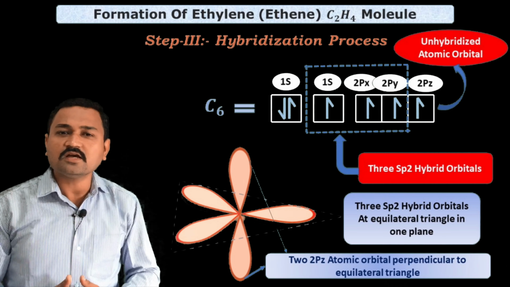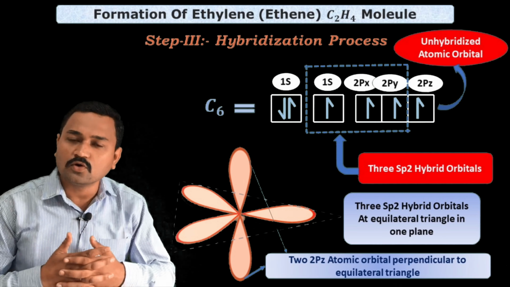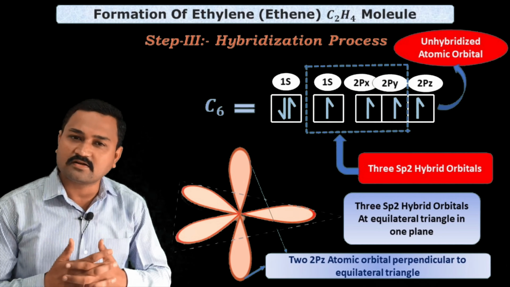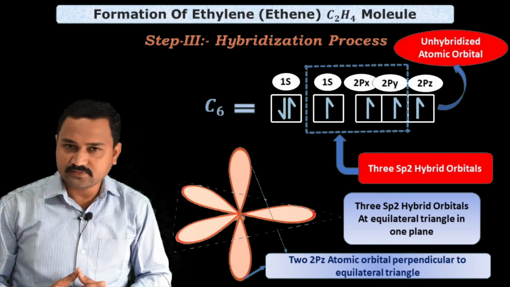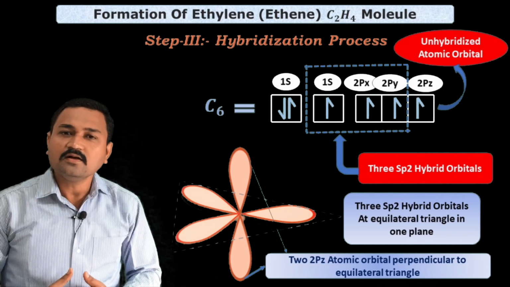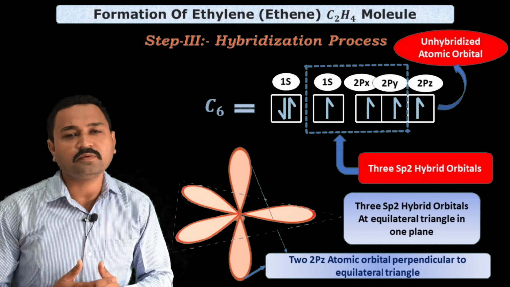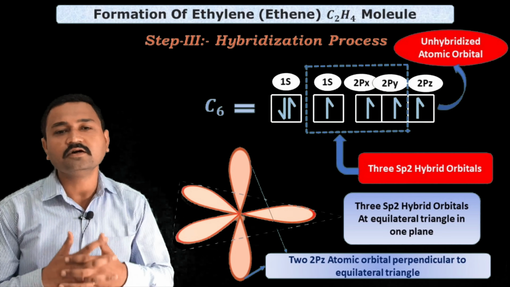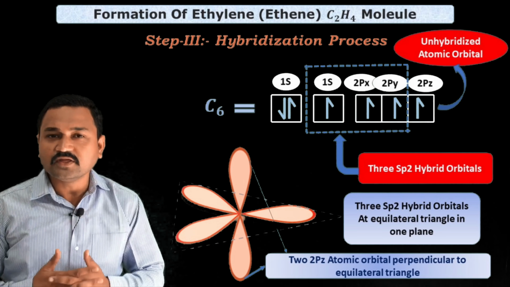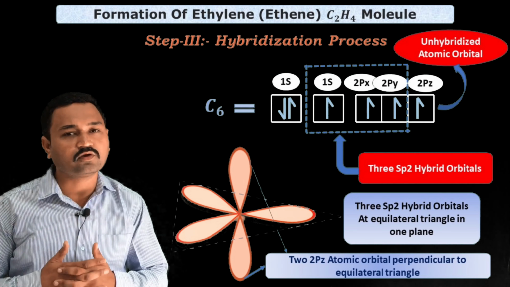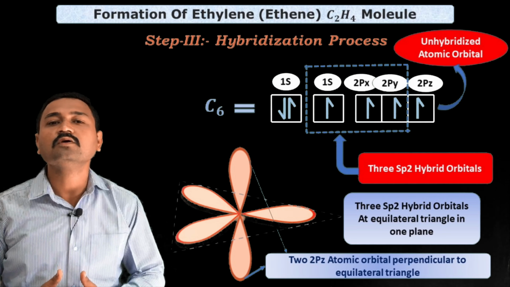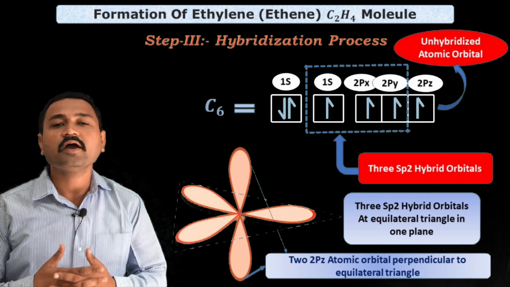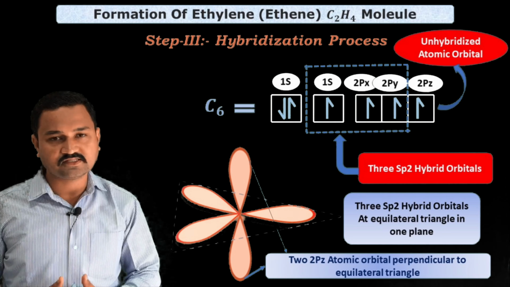These 3 sp2 hybrid orbitals in both carbon atoms orient themselves at the corners of an equilateral triangle in one plane, as I have shown here, while the remaining 2pz atomic orbital of both carbon atoms remains unhybridized during this process. The unhybridized 2pz atomic orbital of each carbon atom lies perpendicular to the plane of the sp2 hybrid orbitals.